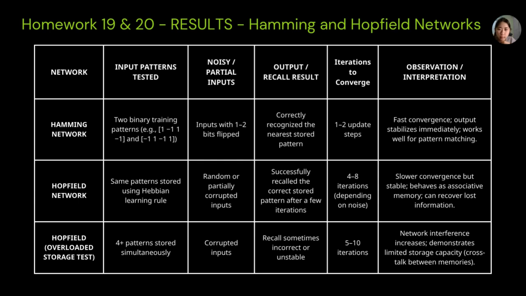So, this is the result table. We have three networks, including Hamming, Hopfield, and the Hopfield with overloaded storage test. From what can be interpreted, the Hamming network correctly recognized the nearest stored patterns, and it updated in 1 to 2 steps, which is the easiest, with fast convergence, and the output stabilized immediately and works well for pattern matching.